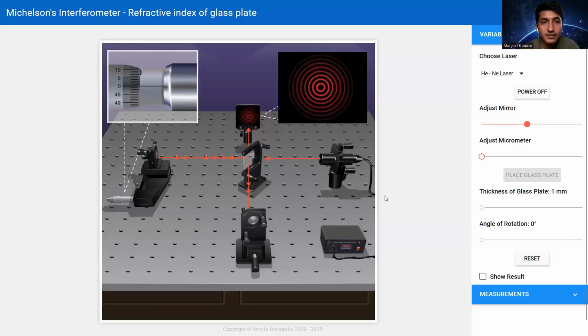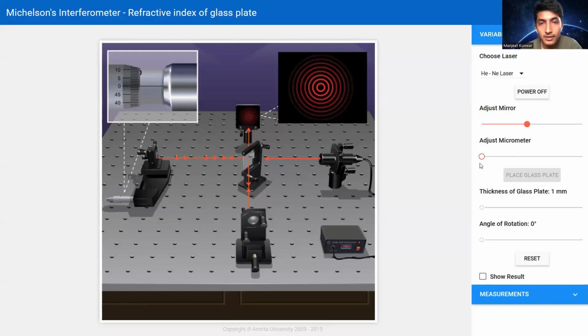In our experiment, two things are critical: one is the knob, micrometer, and interference. We observe dark and bright fringes. Then we calibrate through adjusting the micrometer, and I am going to adjust my micrometer very precisely, which is done with the keyboard forward button.